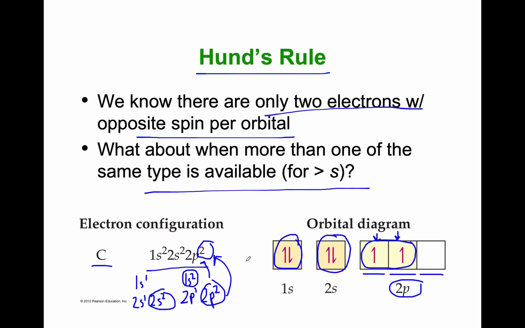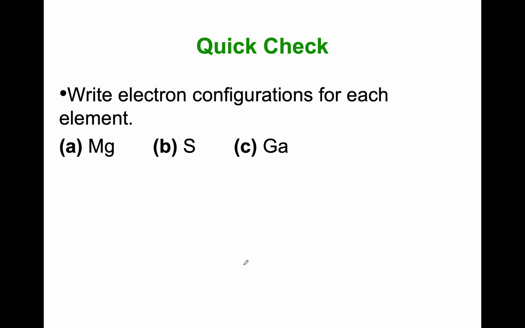So we want to work left to right on the periodic table, and I'll give a couple examples here. Magnesium, sulfur, gallium, so take a couple minutes, pause this, and write out the electron configuration. What you can see from looking at the periodic table is that magnesium is in period 3.